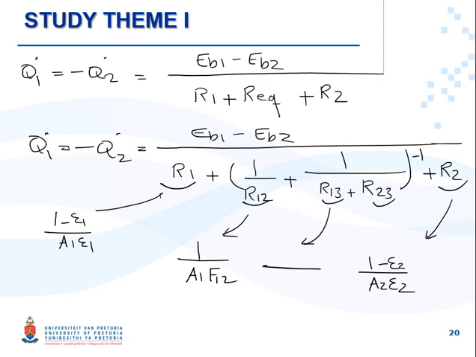R13 is equal to 1 divided by A1 F13, and R23 is equal to 1 divided by A2 F23. Okay, so we have all those things.